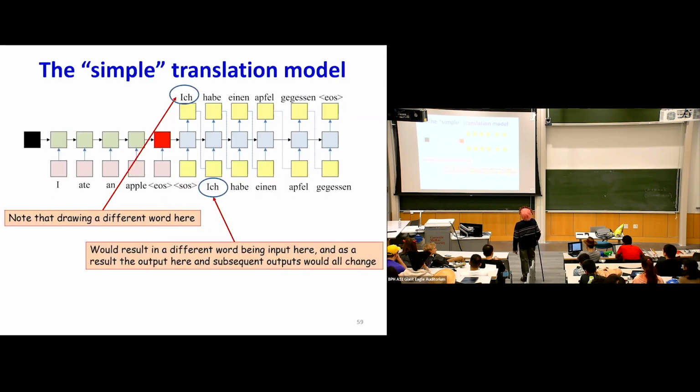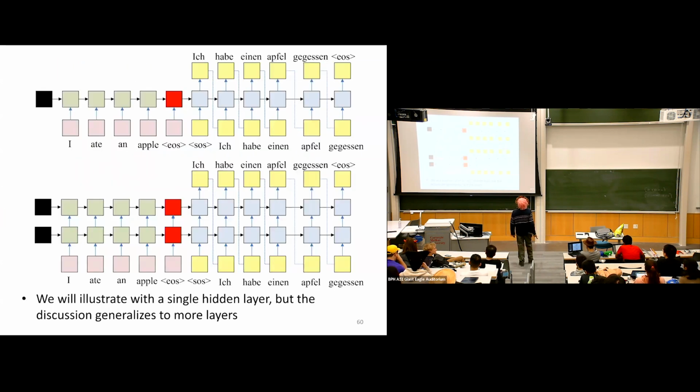And this network itself in the middle can be arbitrarily complex. It can be a single layer of LSTM. There can be multiple layers of LSTMs. It doesn't really matter. I'm going to keep using the one hidden layer network for my illustrations, but that's only for illustrative purposes.